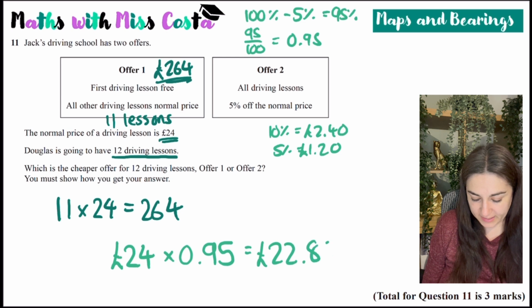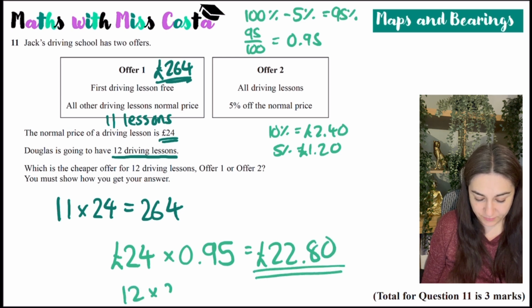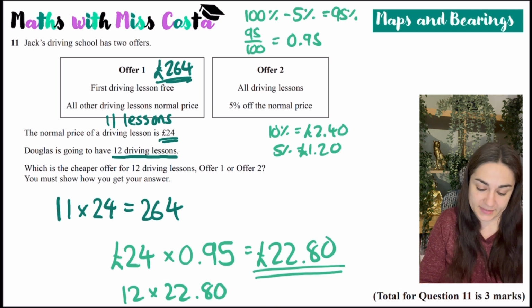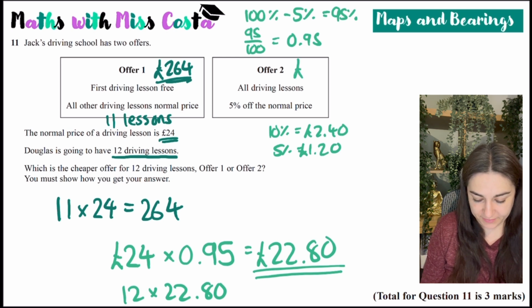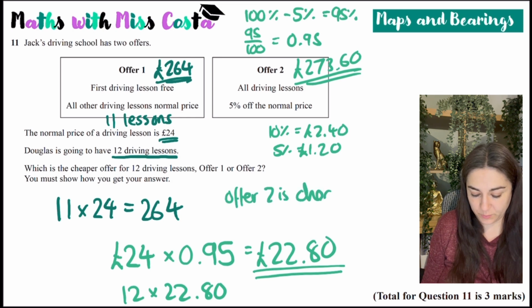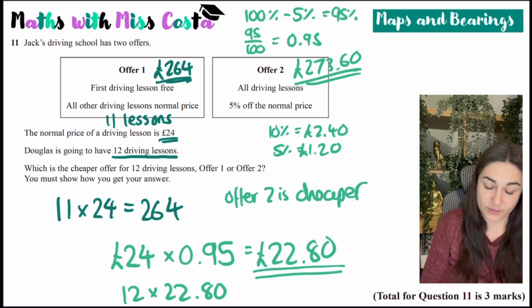So that's going to mean that all of his lessons are £22.80 and he's going to have 12 of them. So I'm going to do 12 times by £22.80, which gives me £273.60. So what is the cheaper offer? Offer 2 is cheaper. And you must show how you got your answer, and that's all of the working out that you've done.